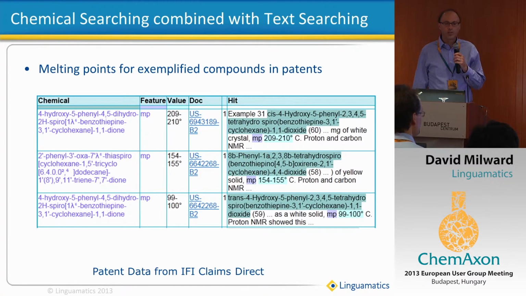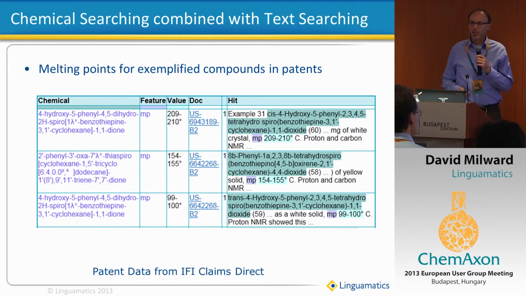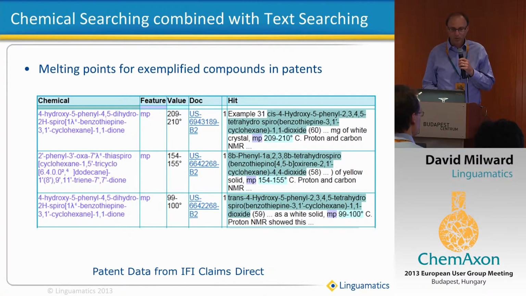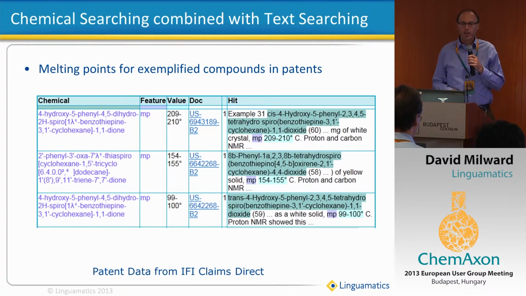So what does text mining do? Well, it takes unstructured text. The text in the right-hand column are example sentences, in this case from patent text. You're analyzing those sentences to pull out structured pieces of information, pulling things into separate columns.